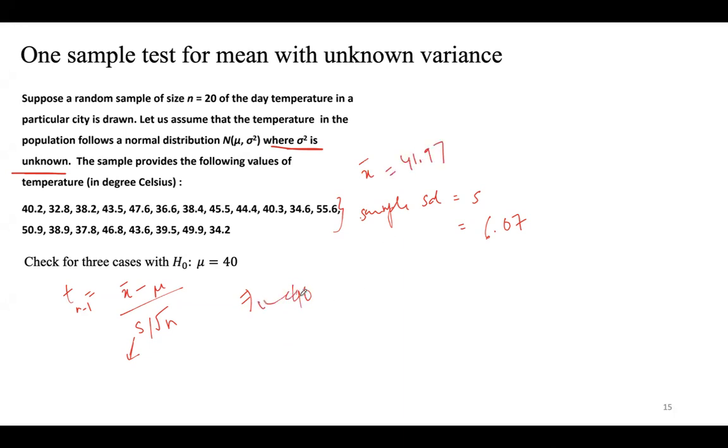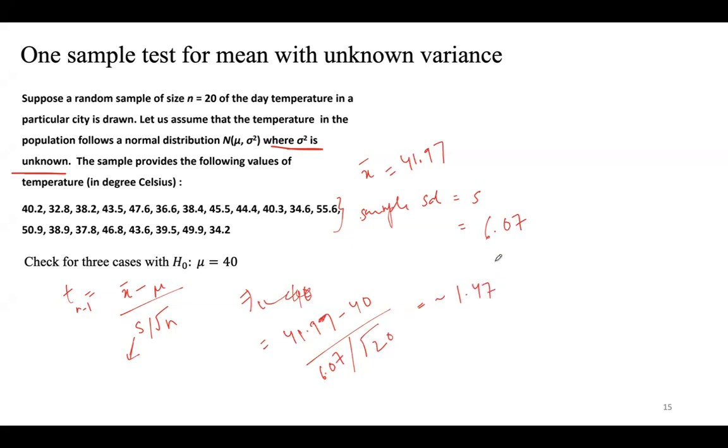So the way we're going to solve this is 41.97 minus 40 divided by 6.07 upon root of 20. Okay. We're going to solve this. It would be roughly around 1.47.